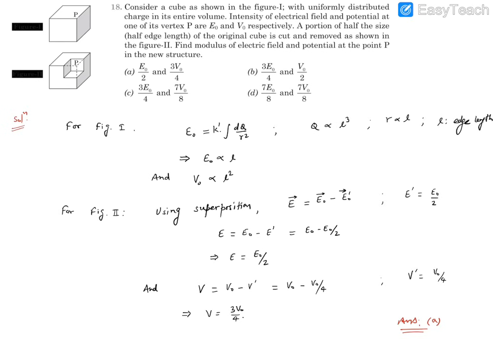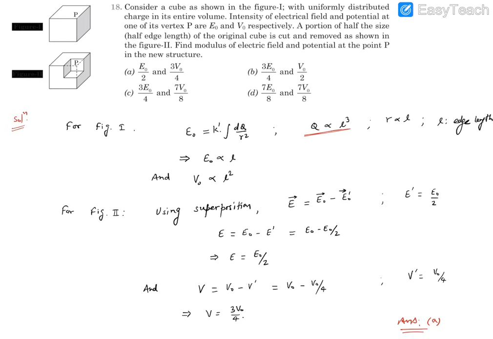Ultimately it will have some particular direction and particular constant. Let's say that constant is k dash, and it will be integrating dq by r square. Or we can simply say it's going to have q and r square in it, and the rest will be constant because similar geometry is going to be followed later on.